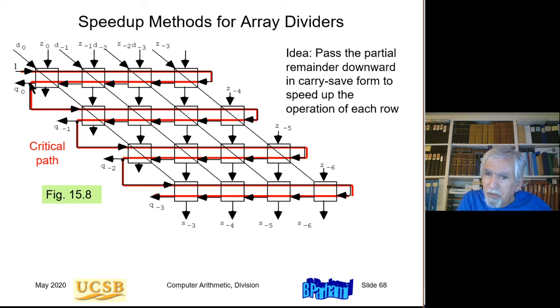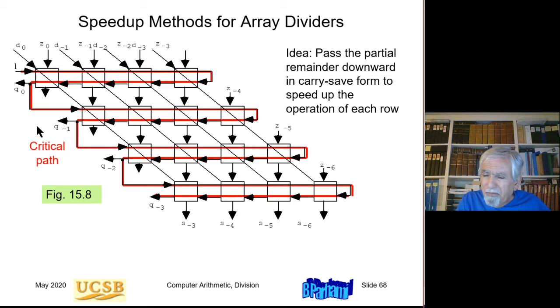And in order to know that, we need to examine at least a few high order bits of that carry save partial remainder. Okay, we don't need to let carries propagate all the way through, but we do need a few bits, maybe 4 or 5 bits, in order to be able to estimate what the next quotient digit will be, and then tell the next row.